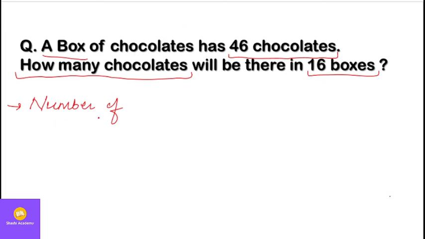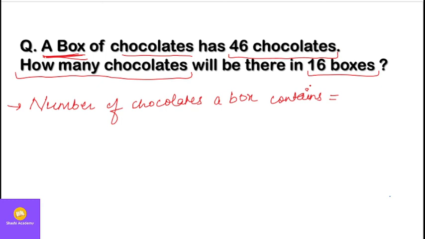So number of chocolates a box contains, number of chocolates a box has, you can also write, box contains. See, your statement can differ from mine, but always remember your statement should give a meaning. It should be a meaningful sentence. It should be a meaningful statement.